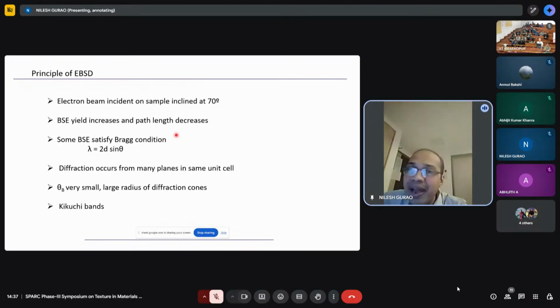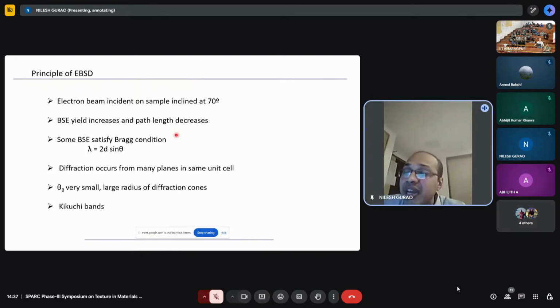Now, your λ is very small, of the order of a fraction of a picometer, while your d, the lattice parameter, is of the order of an angstrom. So imagine that your Ewald sphere is much larger, and you are taking sections. Also your θ is going to be very small. If θ is very small, then the semicone angle of the cone that you are getting is going to be very large.